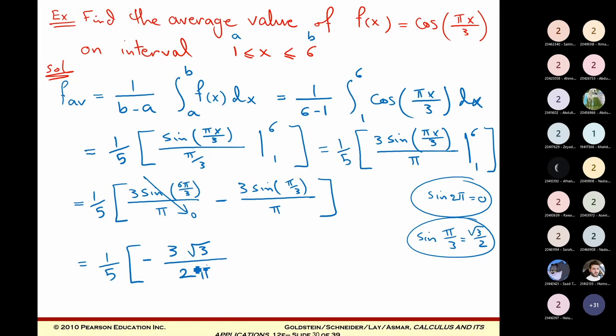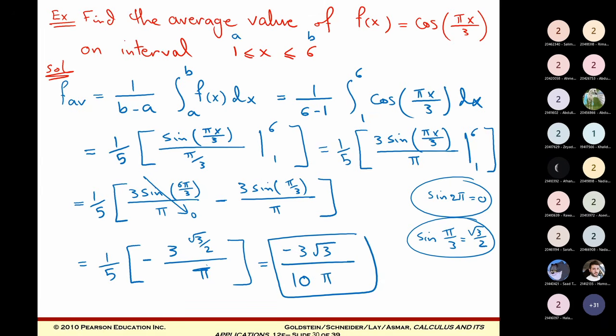This is pi over 3, radical 3 over 2. So we put the denominator into the numerator, and we have minus 3 radical 3 over 2 multiplied by 5, 10 pi, like this. This is the average.